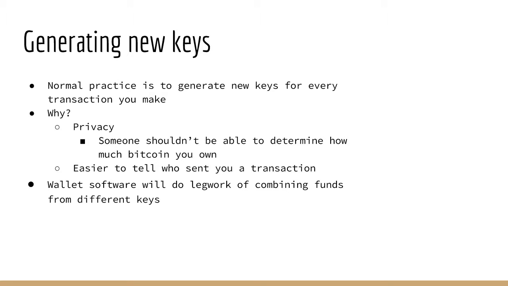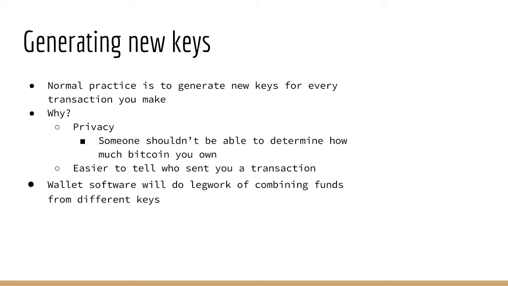If you only use one private key or account for all your transactions, because everything is available online, you can just go on blockchain.info. Anyone can see how much Bitcoin you own, and that's something people don't really want to make public. So you'll create a new private key for every single transaction you make, and you'll actually be the owner of thousands of Bitcoin accounts.